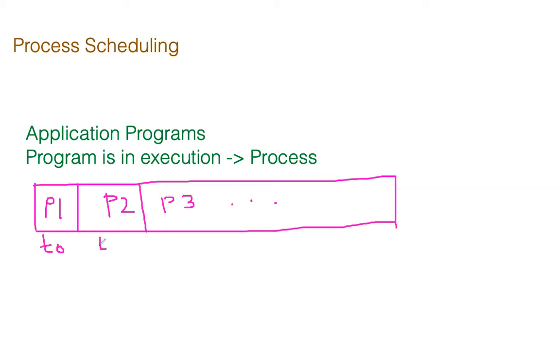This process starts at time instant T1. This happens at T2, and this keeps on repeating. Where T0 is less than T1, less than T2, that means P1 has come before P2, P2 has come before P3, and so on. Then the CPU is allocated to the processes in this order in which the processes arrive in the system.